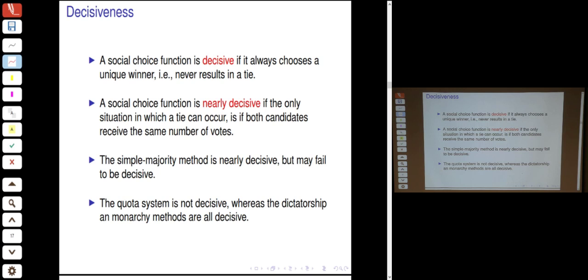So simple majority is nearly decisive, but it may fail to be decisive, because under certain circumstances it might result in a tie. The quota system is not decisive, whereas the dictatorship and monarchy methods are all decisive. You can check this by going through the definition of the systems.